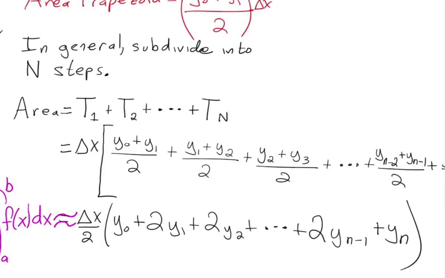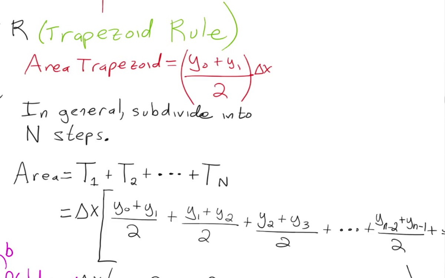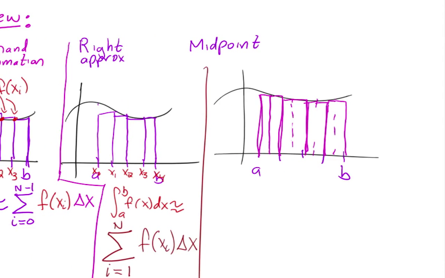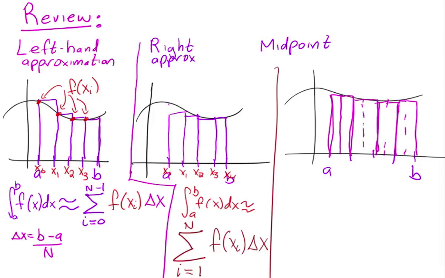What do you guys think about this method compared to the others? Obviously it's better than the left and the right, right? So obviously it would be better than these two. Do you guys agree? But what do you guys think of it compared to the midpoint method?